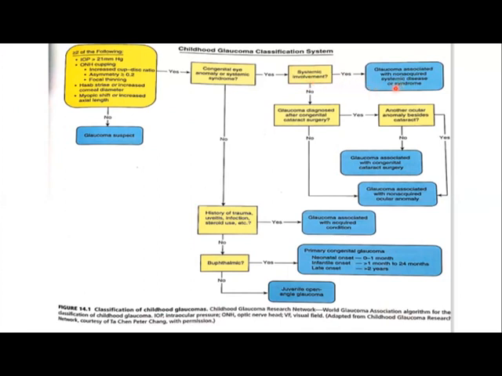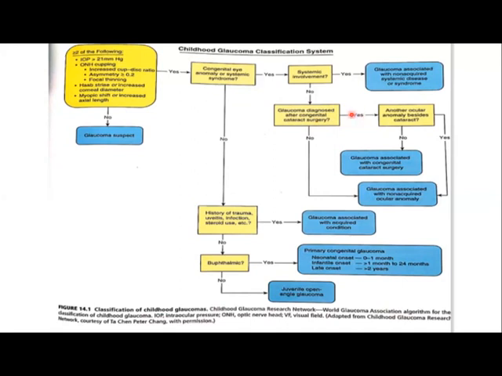Then we label it glaucoma associated with non-acquired systemic disease or syndrome, because a congenital anomaly or systemic syndrome is present in this child. If there is no systemic involvement, then we ask whether glaucoma was diagnosed after congenital cataract surgery or not.